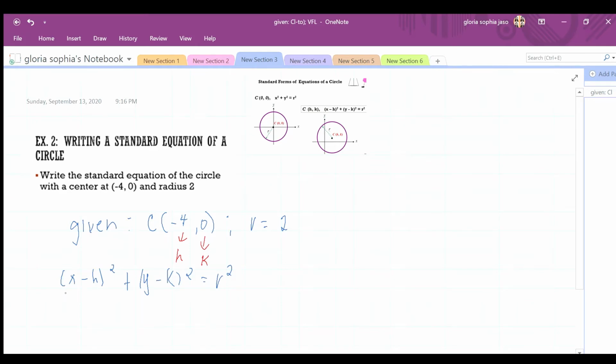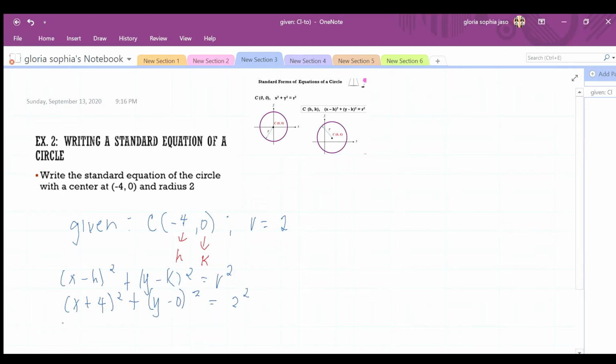So, substituting the given natin, which is yung h, k, and r natin, x minus h, so negative times negative, class, pwede na nating i-write na positive yan. So, 4 plus y minus k, so k natin is 0. Substitute lang natin. Then, r is 2.